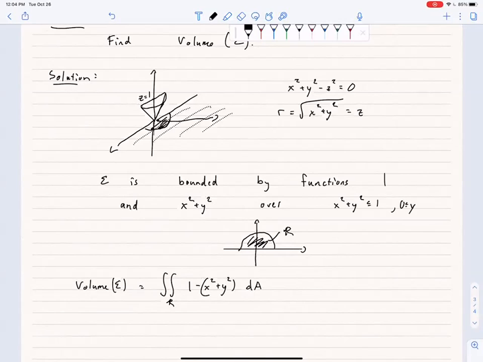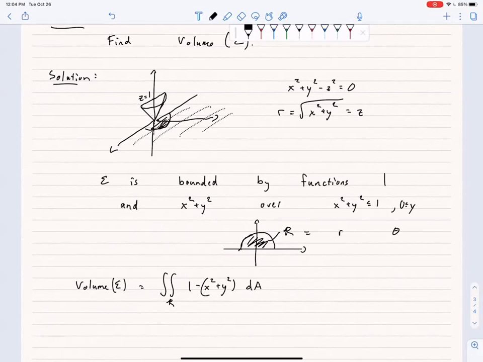And again, you see in the integrand this x squared plus y squared. You also look at your domain, and that domain is a polar rectangle. What are the bounds for r and theta for this polar rectangle?